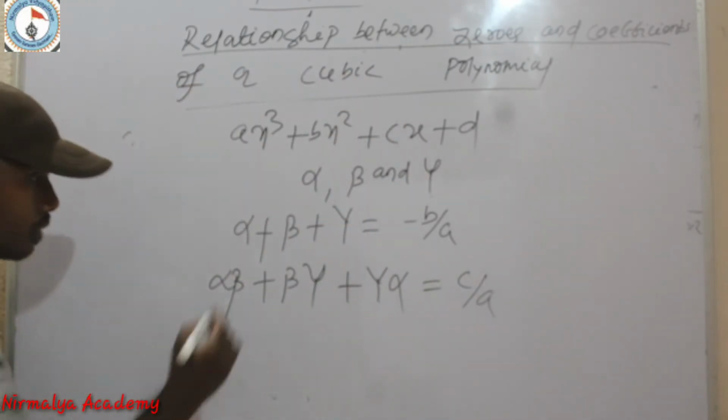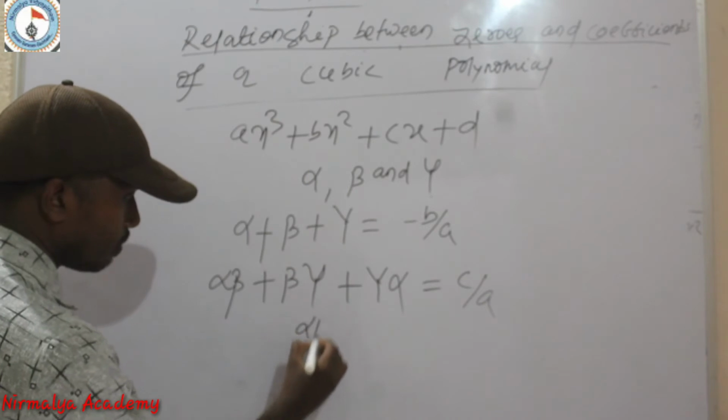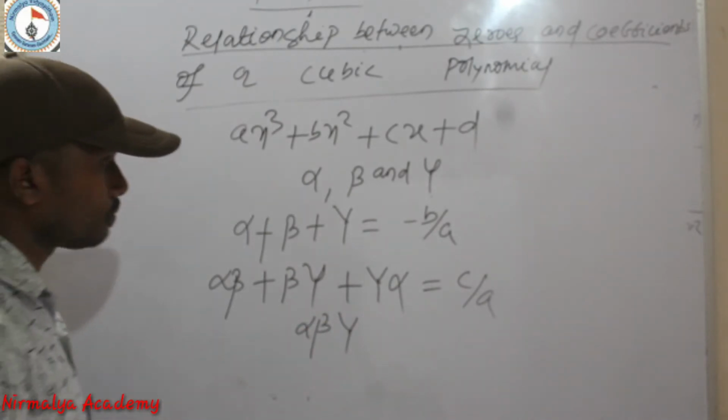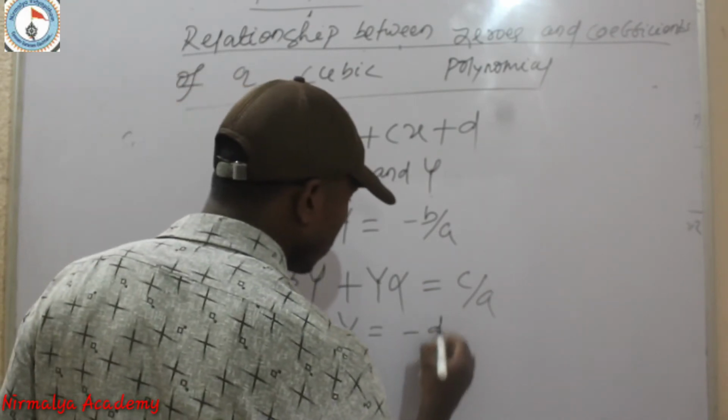Then the product of zeros, that is alpha into beta into gamma, equals minus d by a.